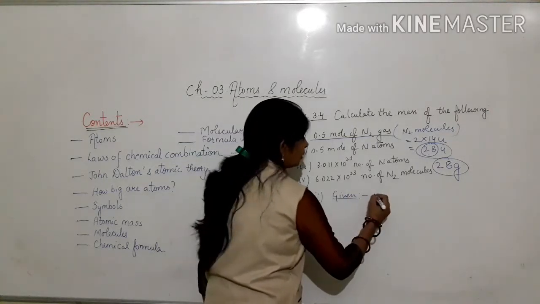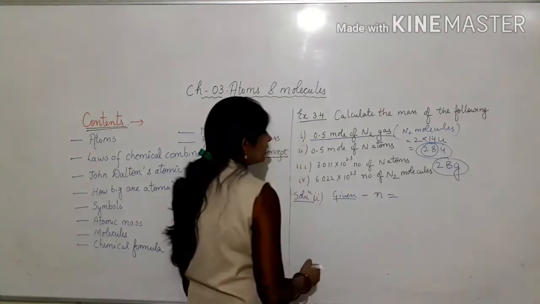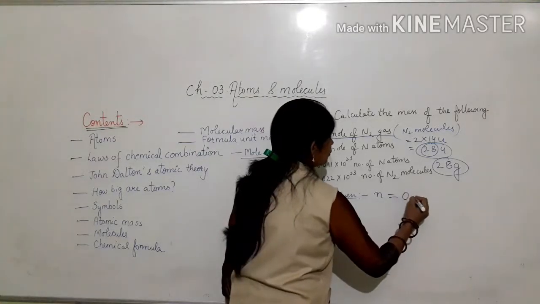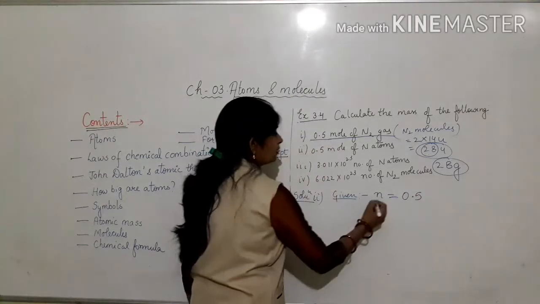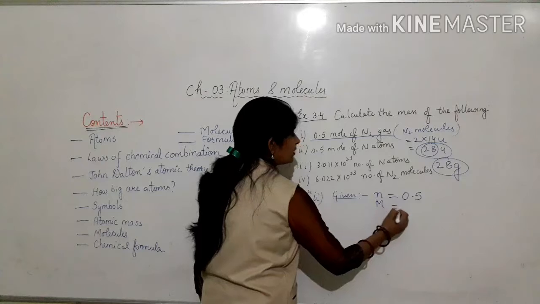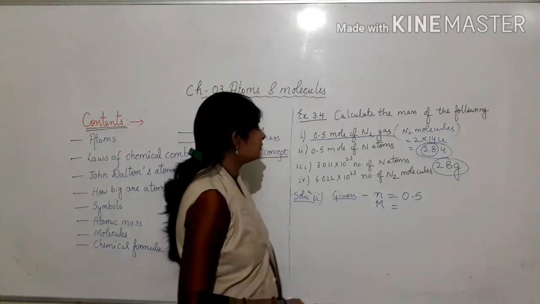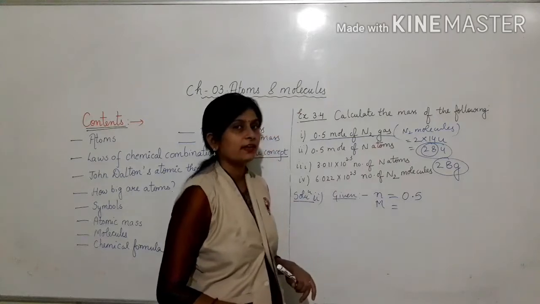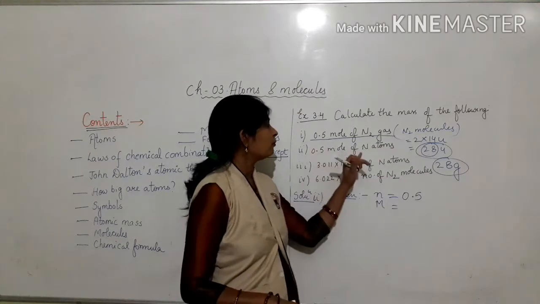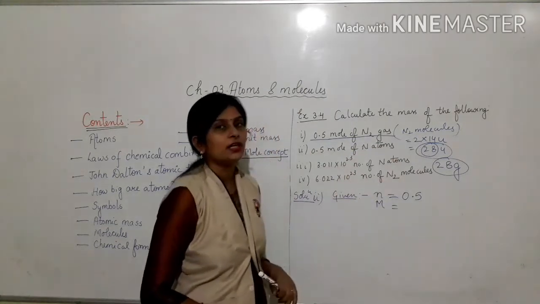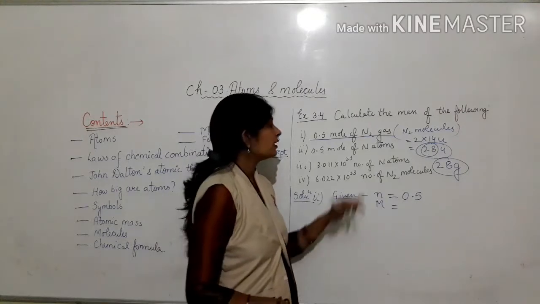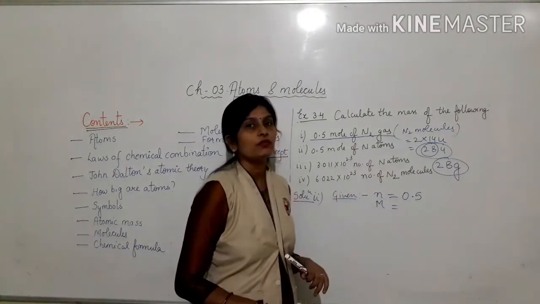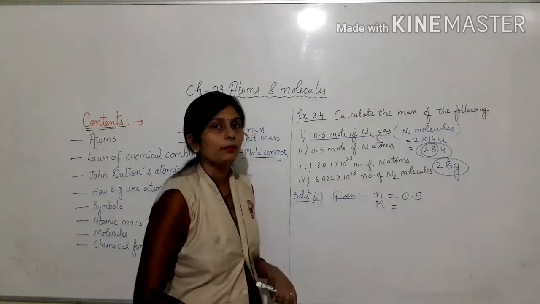In the second part, we have to calculate the mass of 0.5 mole of nitrogen atoms. So number of moles small n is equal to 0.5. First of all, see which kind of particle is given: 0.5 mole of nitrogen atoms are given. So atoms are given, and we have to calculate the atomic mass.